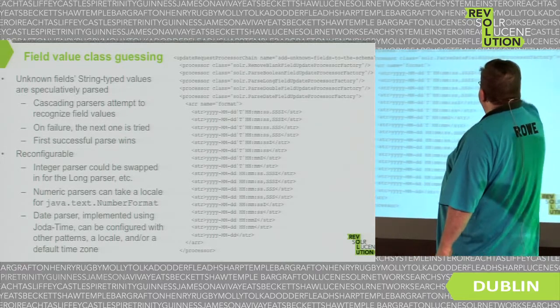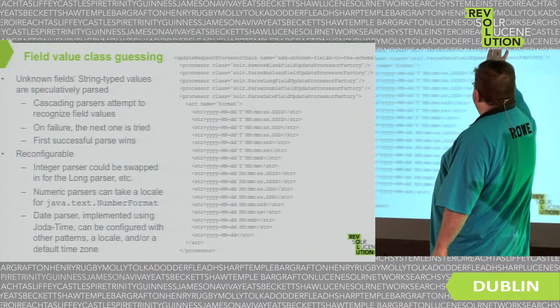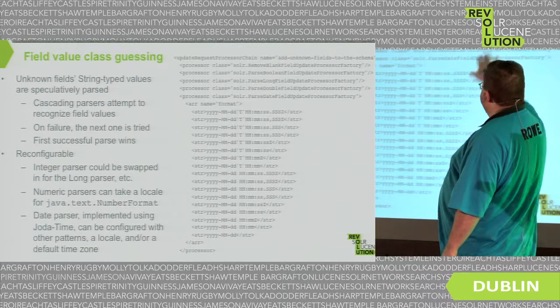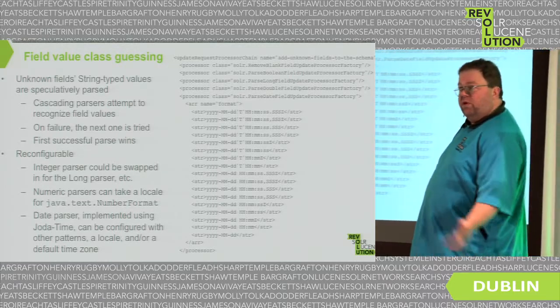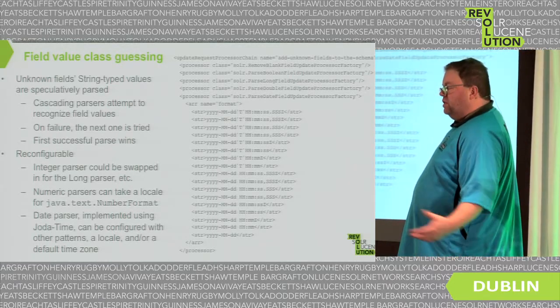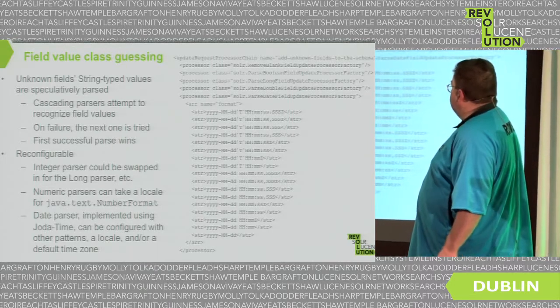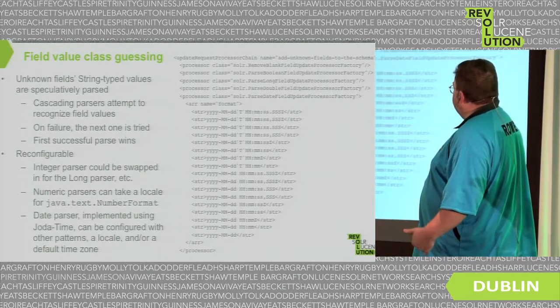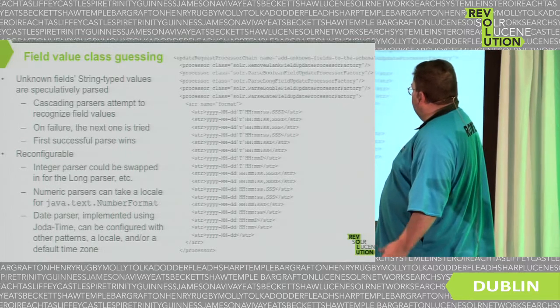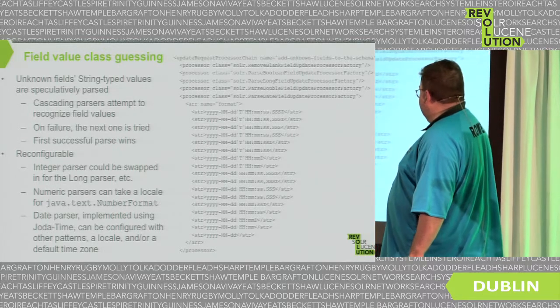So here there's only the wider long field detection that occurs. But if you're interested in reducing disk space for those, you can swap it out for a narrower type.